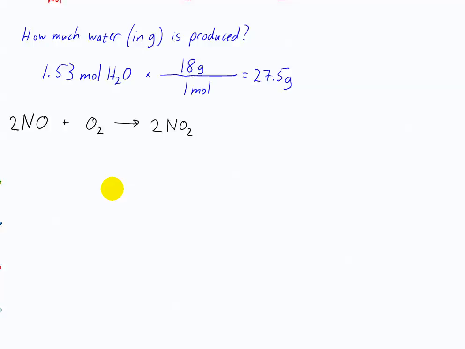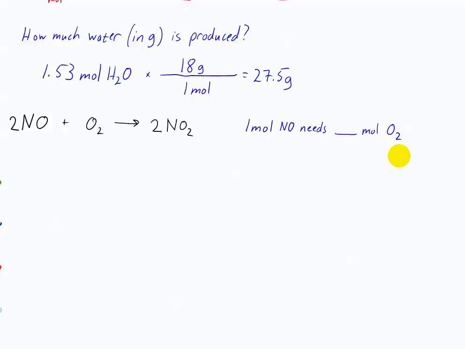Okay. Before we start messing with the masses, let's just think about the moles. If I have 1 mole of NO, nitrogen monoxide or nitric oxide, how many moles of oxygen do I need to react with it?